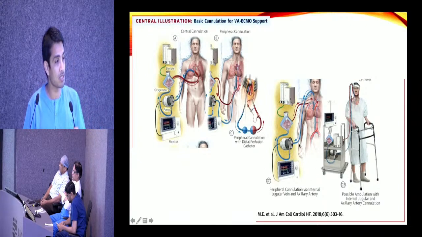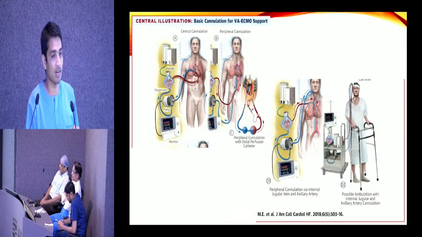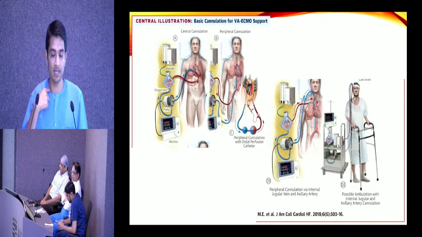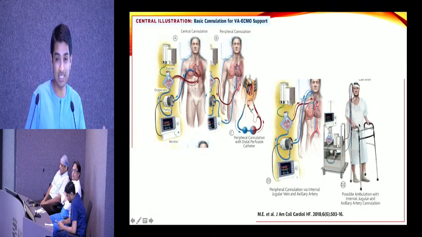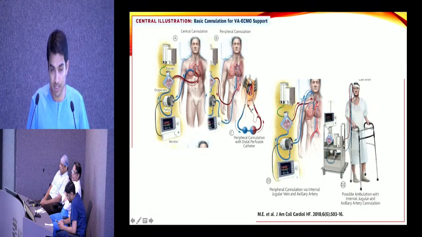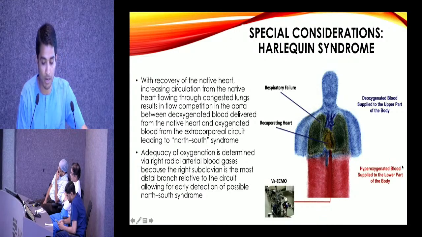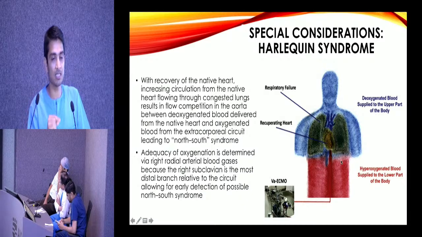And when you want the ECMO to be there for a long time as a bridge to LVAD or a bridge to transplant, it's useful to consider an ambulatory cannulation where the inflow cannula goes into the jugular vein and the outflow cannula goes into the right axillary artery. So these patients can then walk with an ECMO. One consideration people always worry about is the Harlequin syndrome or the north-south syndrome. And this happens as the left ventricle recovers.